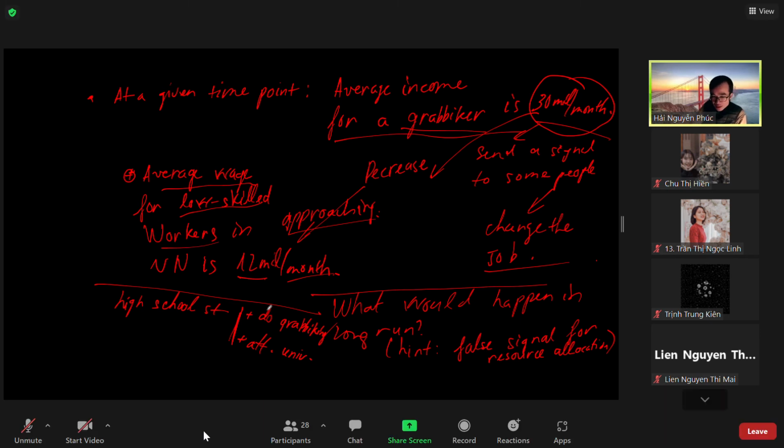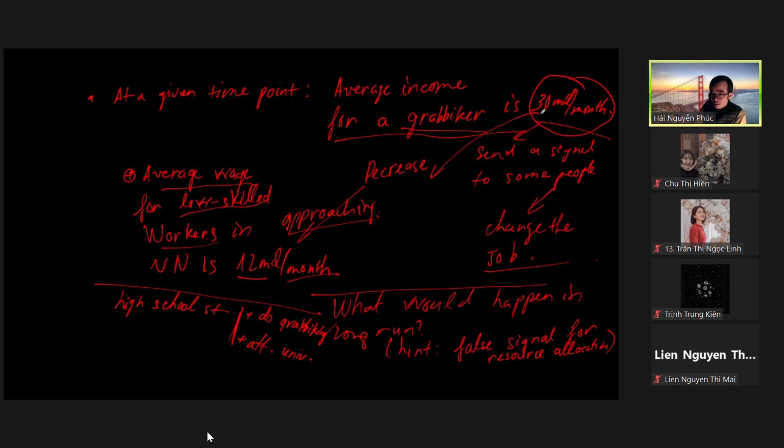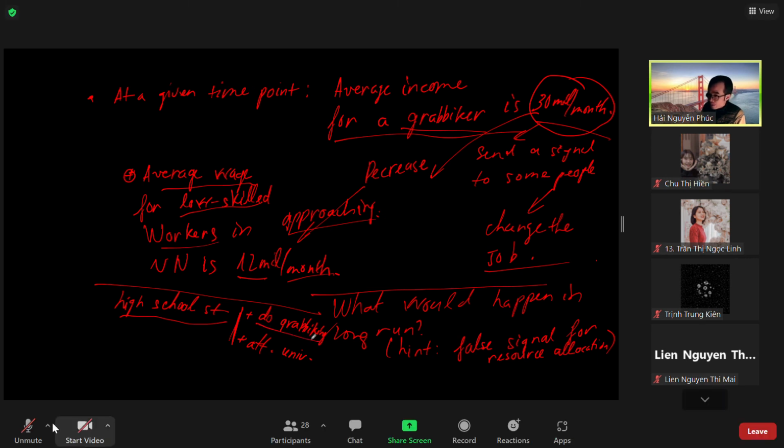You can see that when the wage of Grab biking is quite high, it means that the opportunity cost of attending university is quite high. So what might be the choice for the high school student? He might choose to do the Grab biking. And what would happen to this student?